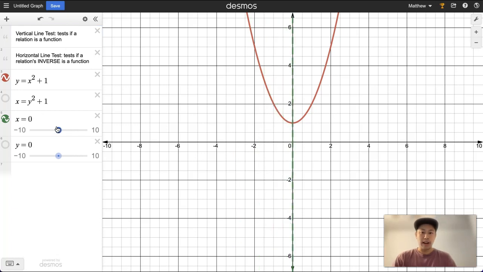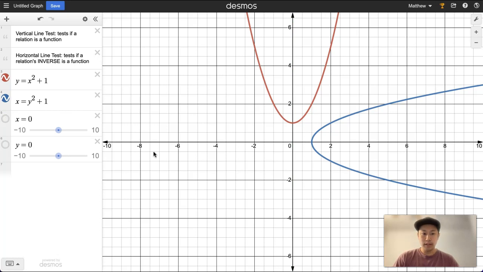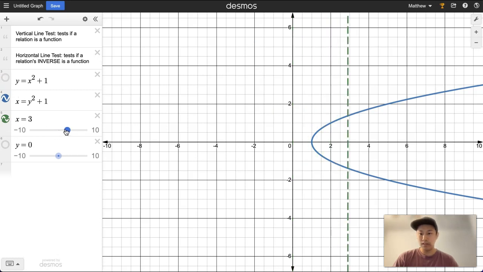Now, if I graph its inverse, this is the inverse of the parabola. Notice how this inverse now does not pass the vertical line test. So this is where we have a problem. In order to make this inverse, shown here in blue, an invertible function, it has to first be a function.